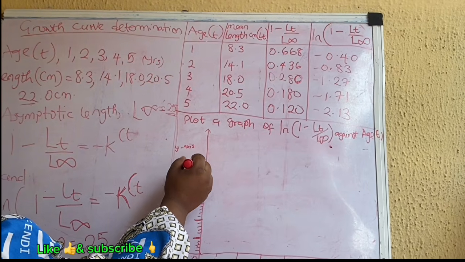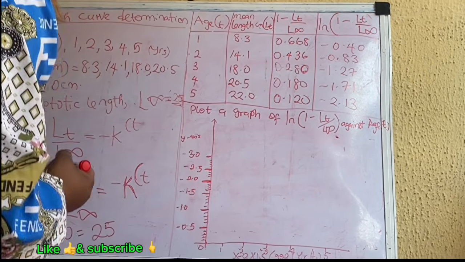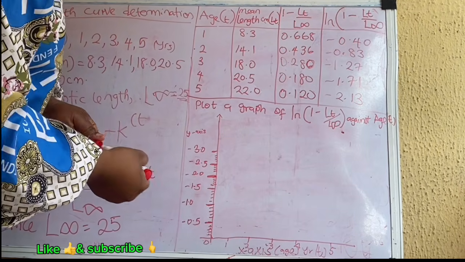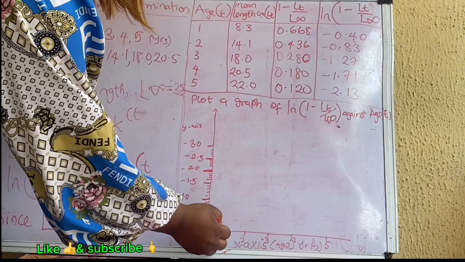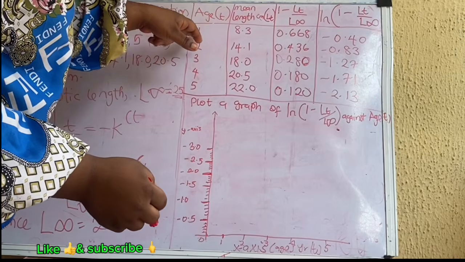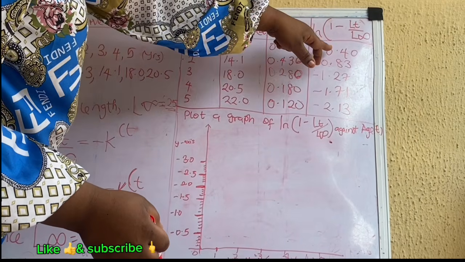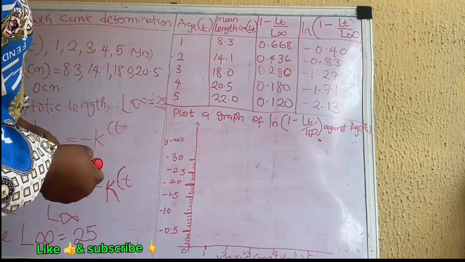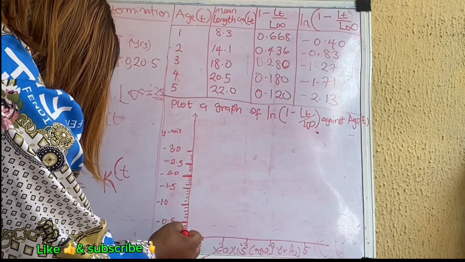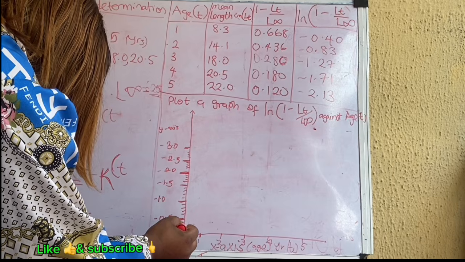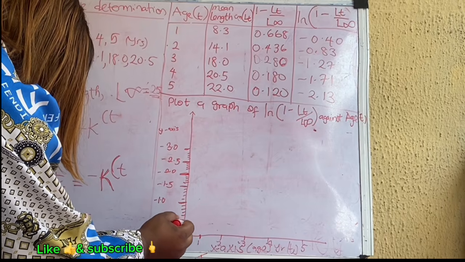Minus 3.0. Good. So now on this axis, the x-axis, age 1 is giving us, look here, this is age 1, the first one, minus 0.40, which is minus 0.4. You come here, this is 0.1, 0.2, 0.3, 0.4.